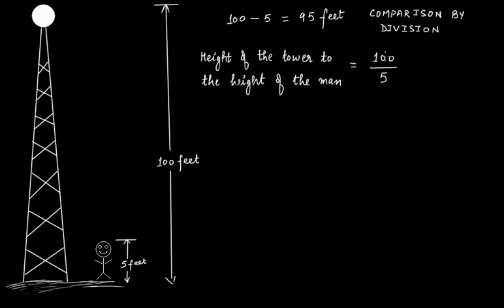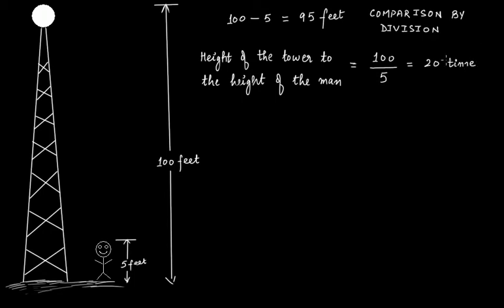Okay, 100 over 5. This is the height of the tower to the height of the man, and this will be 20, right? This will be 20 times.